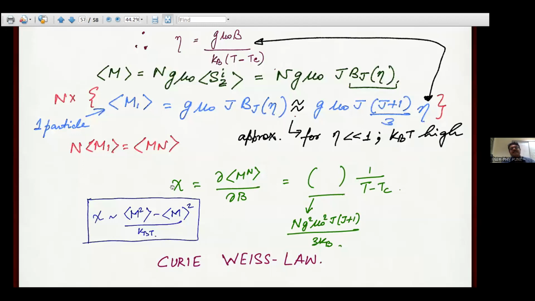But you can calculate the susceptibility as the change of magnetic moment with del B. And if you take the derivative, so this is the magnetic moment, and if you take the derivative, then you would get this prefactor upon 1 by T minus Tc.